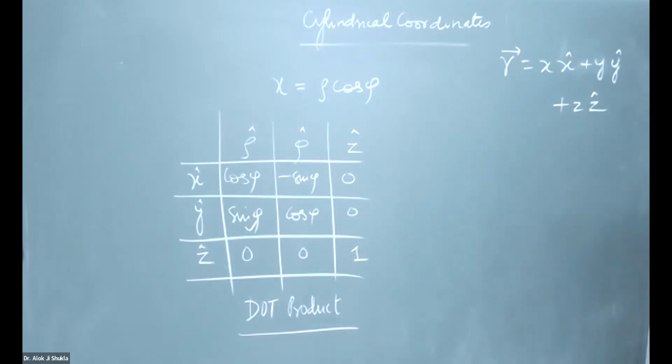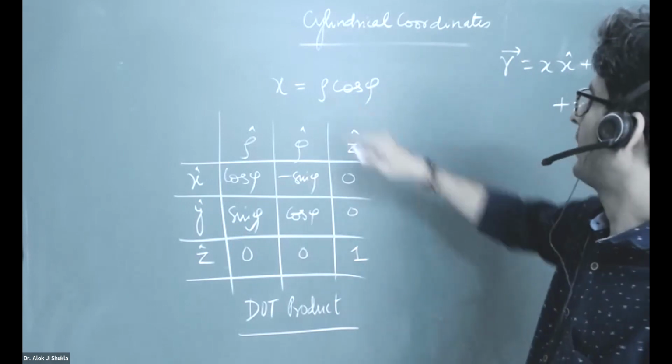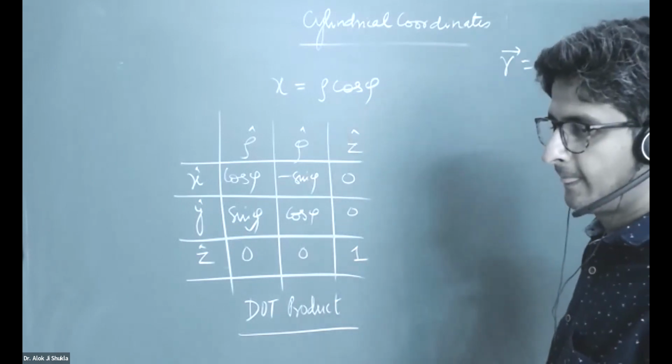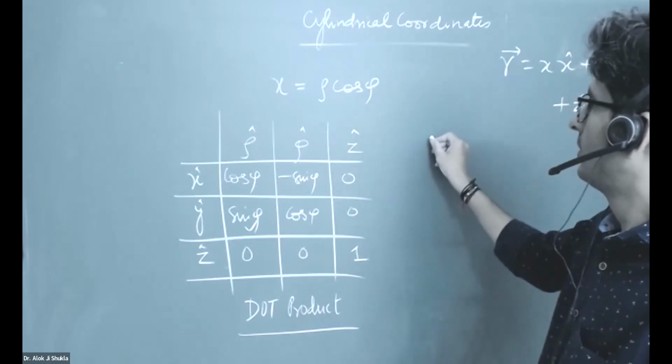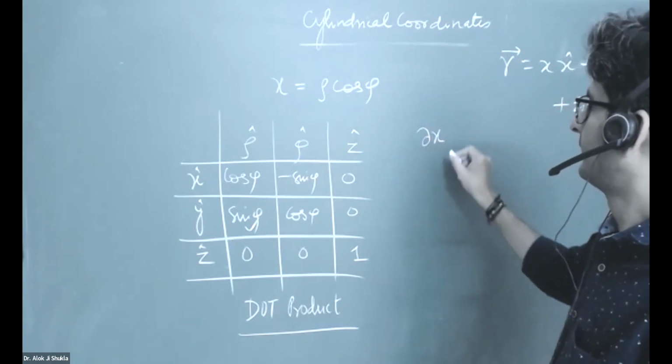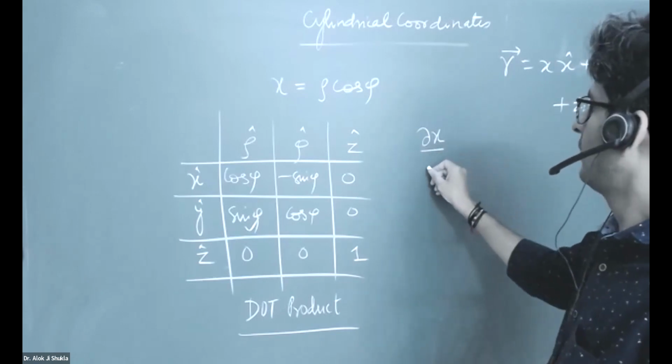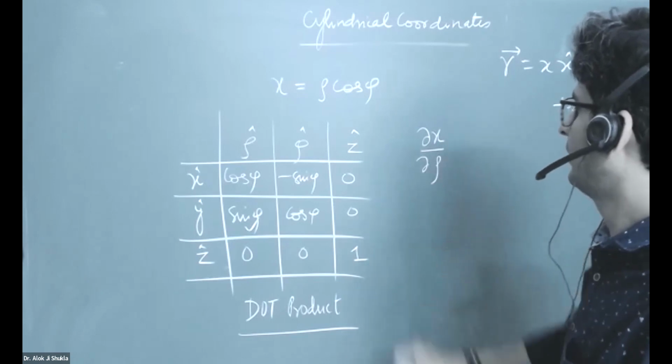So if I want a vector which is in the direction rho cap, what will I do? Del x by del rho. Tell me.